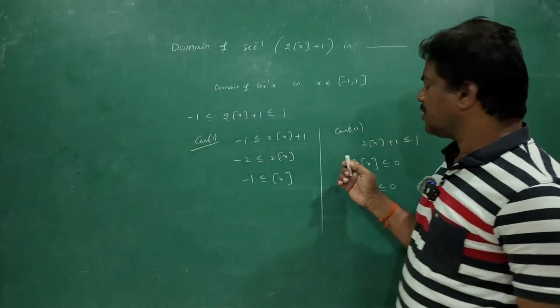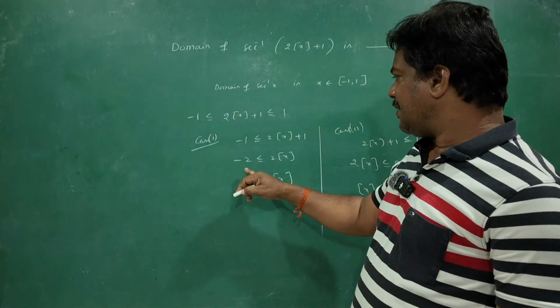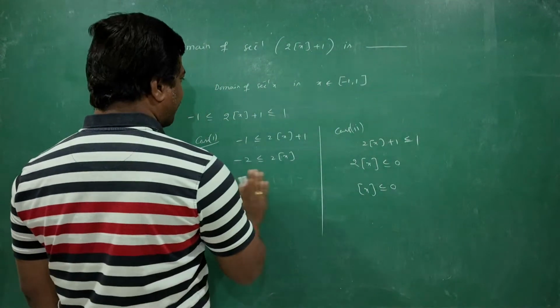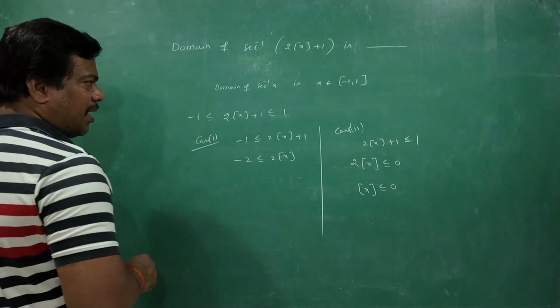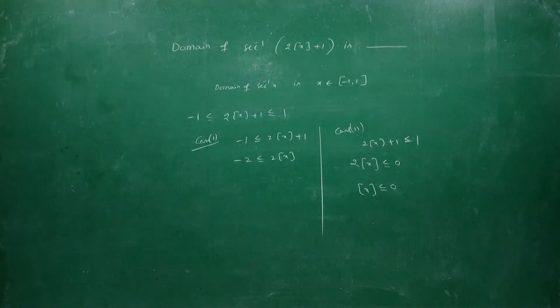Actually yes, it is minus sign. Minus 1 less than or equal 2 times of step x plus 1, okay. Minus 2 less than or equal 2 times of step x. Minus 1 to 1.